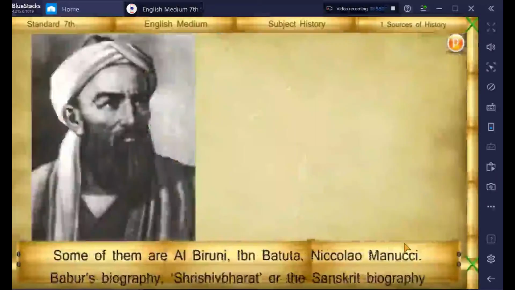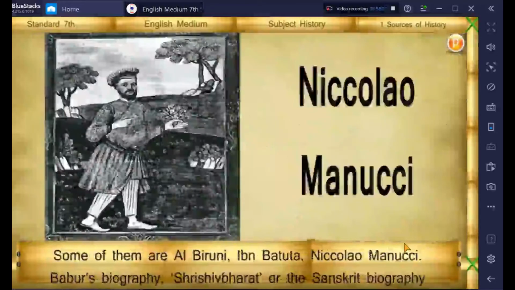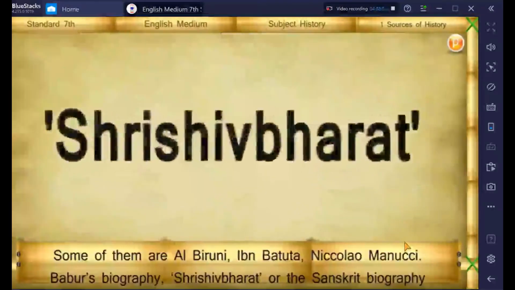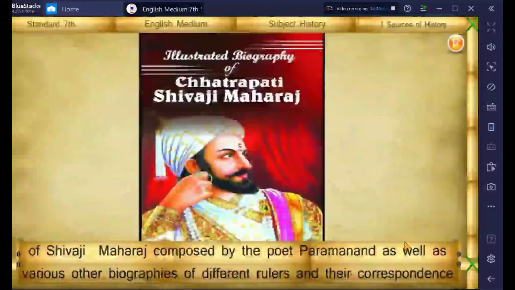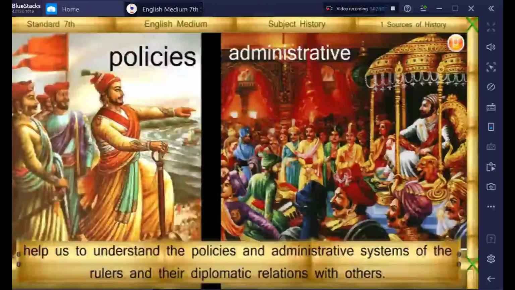Some of them are Al-Biruni, Ibn Battuta, Niccolao Manucchi, Babar's biography, Sri Shiva Bharat, or the Sanskrit biography of Shivaji Maharaj composed by the poet Paramanand, as well as various other biographies of different rulers and their correspondence. They help us to understand the policies and administrative systems of the rulers and their diplomatic relations with others.